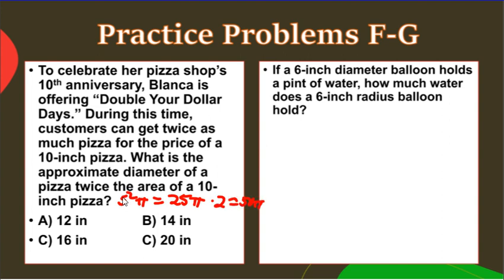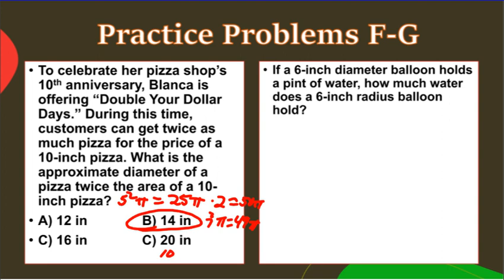The only one that would have an area of about 50 pi would have to be B, because the diameter is 14. So the radius would be 7. 7 squared times pi would give us 49 pi, which would be about the same as 50 pi.